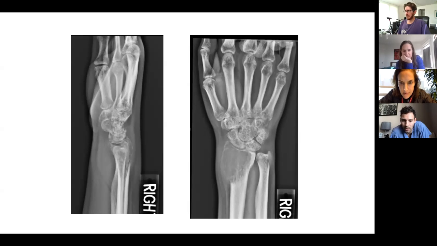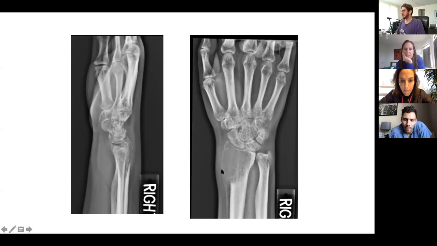It looks well circumscribed, just within the bone. I can't say I see much invasion in the soft tissues, but there's definitely some sort of bony tumor in the distal radius. It doesn't really extend into the ulna or the carpal bones.